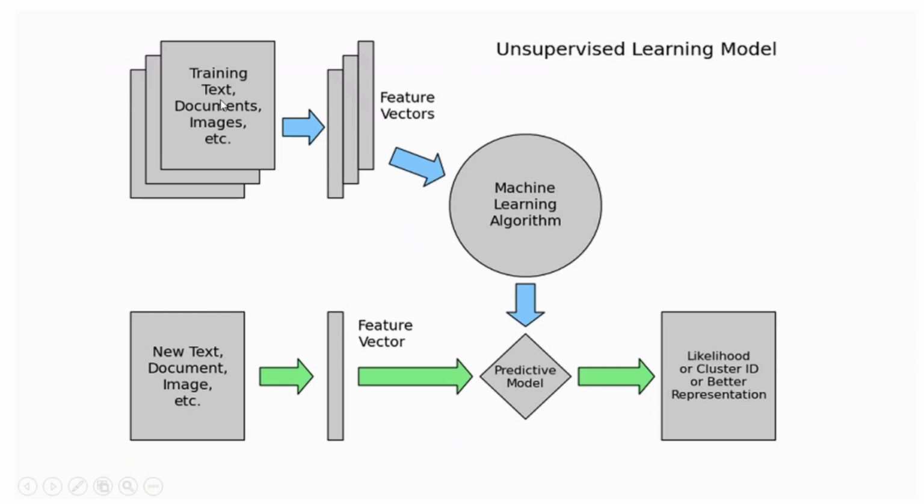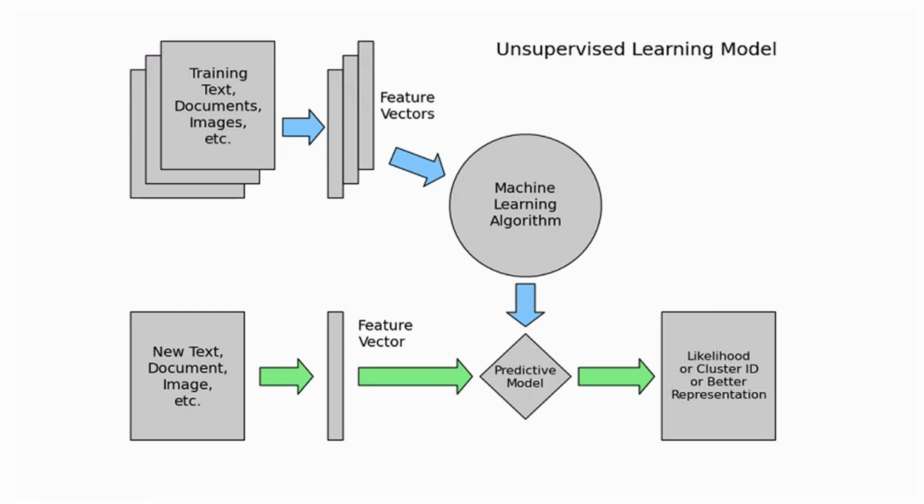As usual, from the training set the features are extracted, the algorithm trains, and the model predicts for a new document, clustering it and adding this new data to the respective cluster or group.